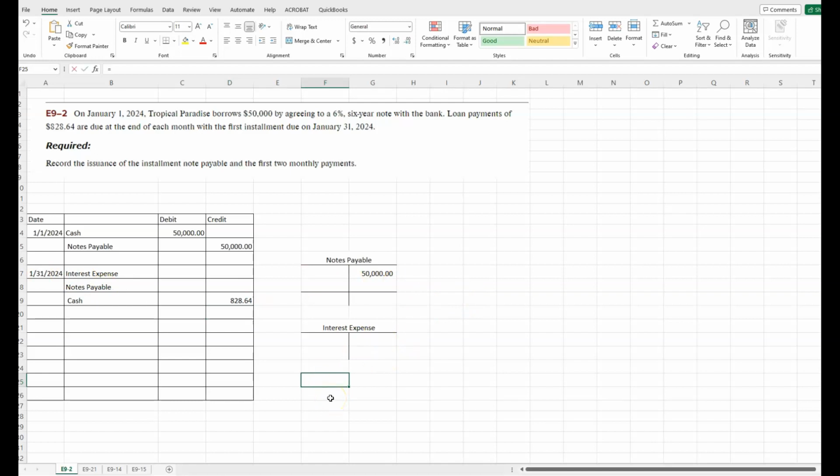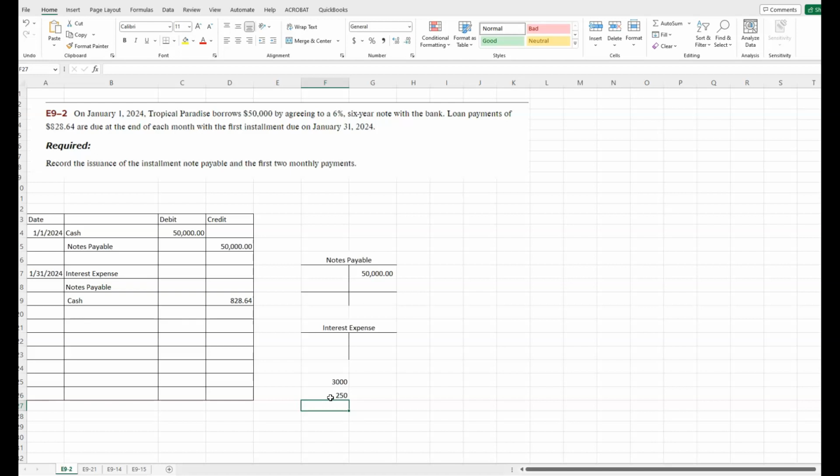We're going to take the note, $50,000, and we're going to multiply that times 6%. And that will give us $3,000 a year in interest. We want 1 month's worth, so we're going to take that $3,000 and we're going to divide it by 12.